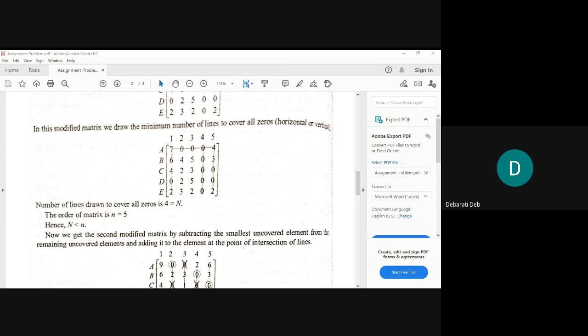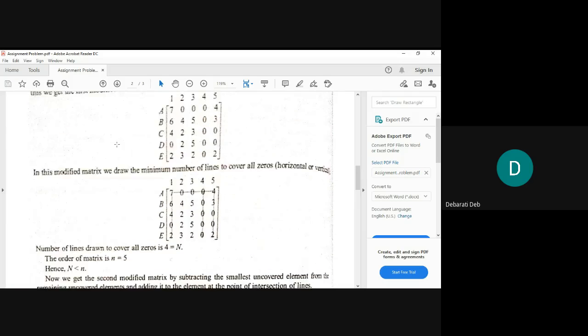Till the drawing of the vertical lines or horizontal lines, is there any doubt? No doubt? No doubt, ma'am. Okay, Pratiksha.